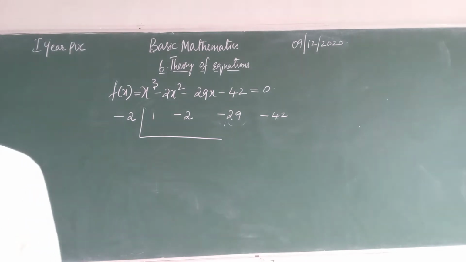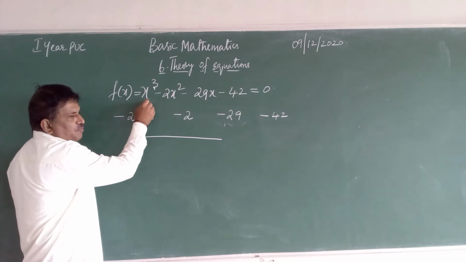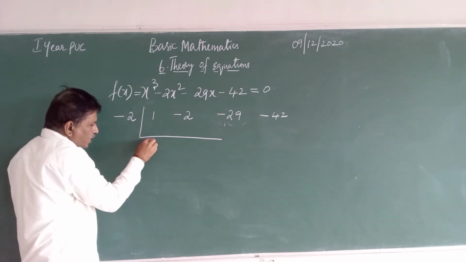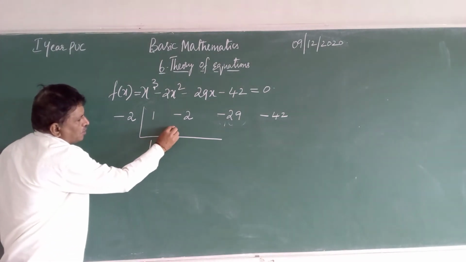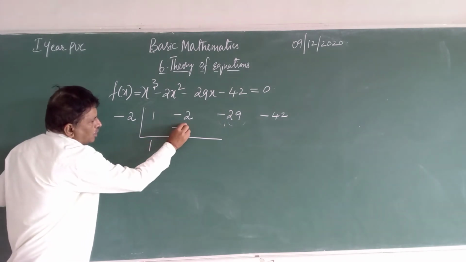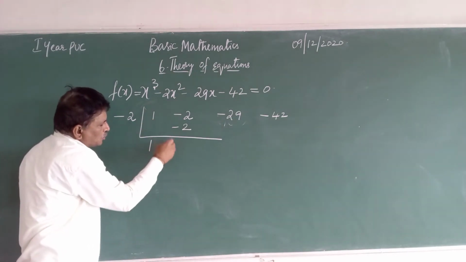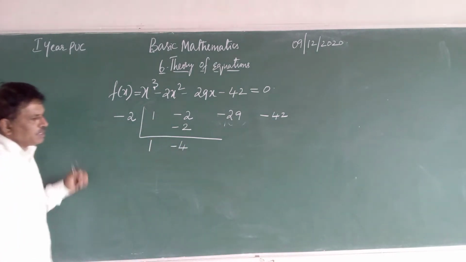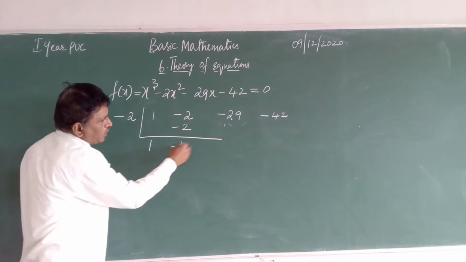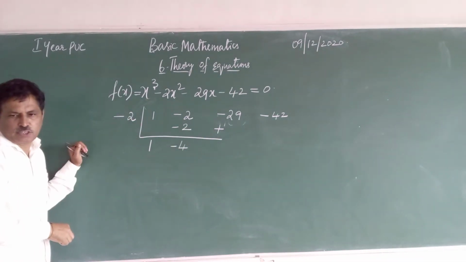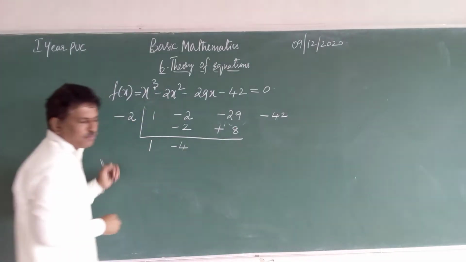I told you that the first coefficient, of the highest power x cube, has to be kept as it is. Now minus into plus: minus 2 ones are 2. Minus 2 minus 2 is minus 4. Then minus into minus is plus: 2 times 4 is 8.